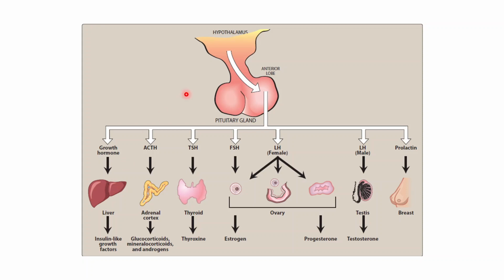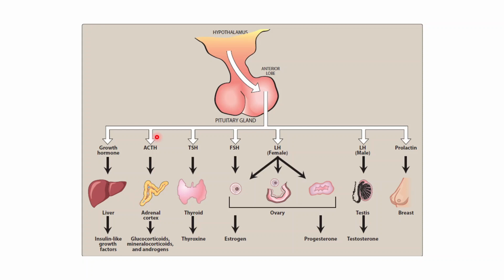So there are releasing hormones that are synthesized in the hypothalamus, and there are tropic hormones that are synthesized in the pituitary gland, and there are true hormones that are synthesized in different organs depending on the type of the hormone.